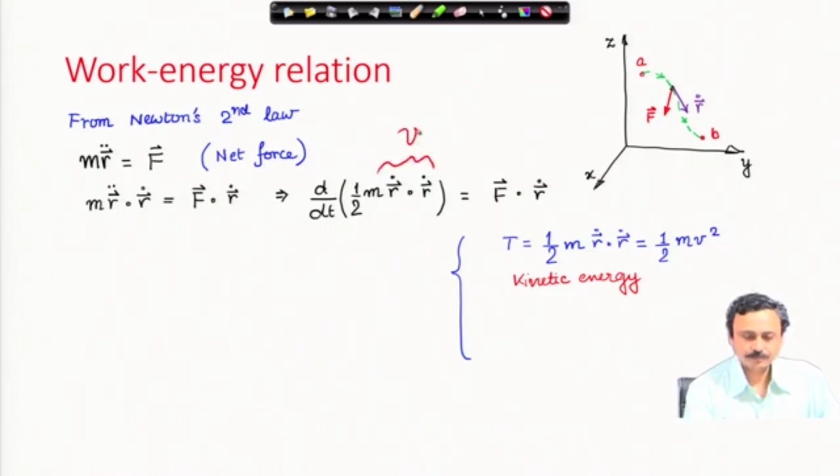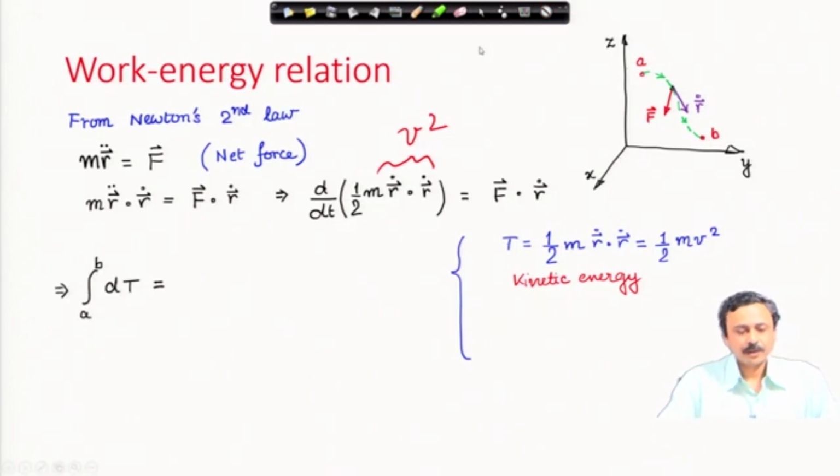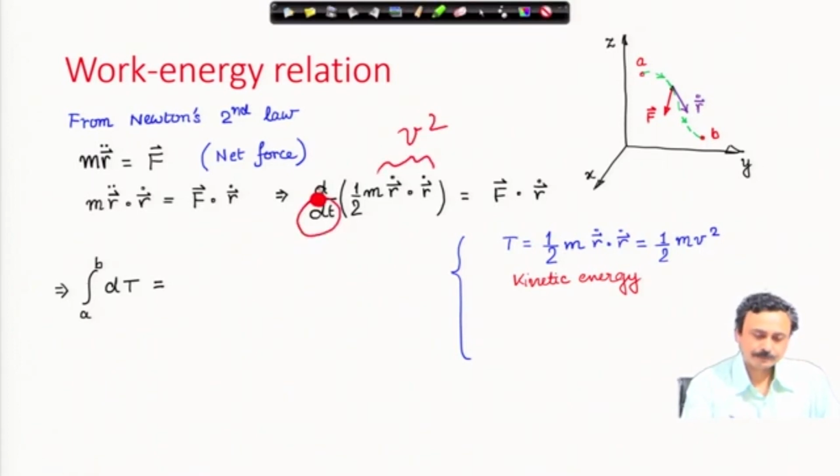This is velocity square, the magnitude square of that vector, and this is the expression of kinetic energy of the particle. Therefore, the left hand side I can write as d of the kinetic energy, and this dt I take to the other side.